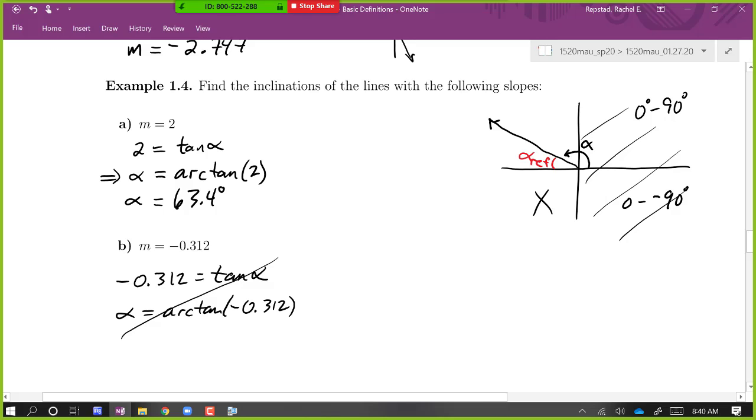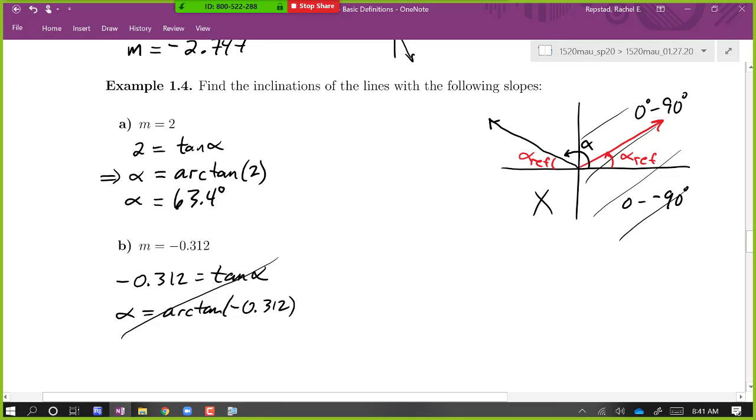Notice that alpha ref is an acute angle. So basically I'm going to treat this line as though it's in the first quadrant, just flip that over the y-axis. So the alpha reference angle that I want is this first quadrant angle.